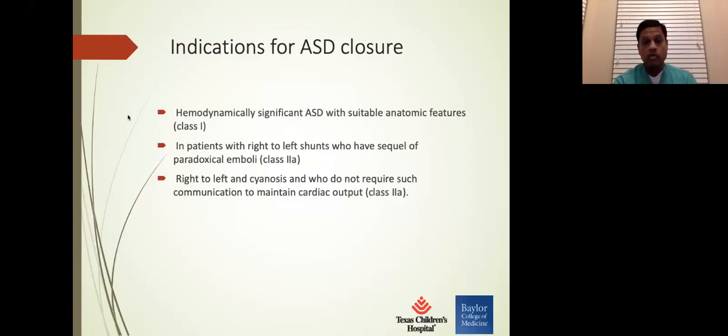In a lot of children, we have closed ASDs with right-to-left shunt who have had pulmonary atresia with intact ventricular septum, where after perforation of the pulmonary valve the right ventricle has not grown significantly. In such patients, we close the ASD to promote more flow through the right ventricle and thereby promote right ventricular growth. So that would be another indication for closing the ASD, besides just left-to-right shunt.